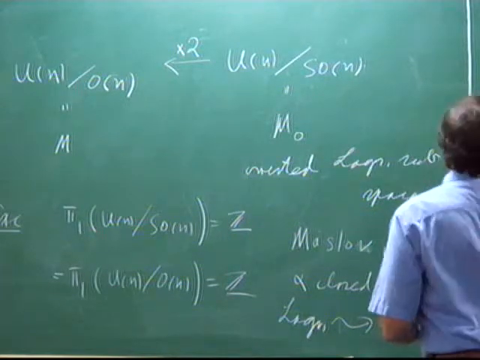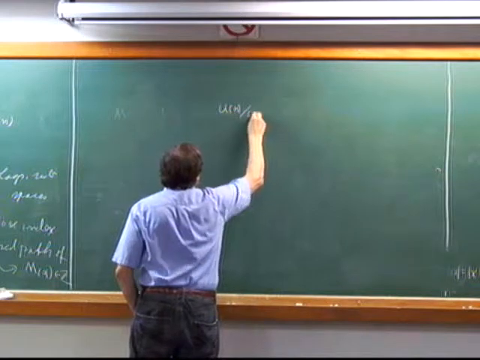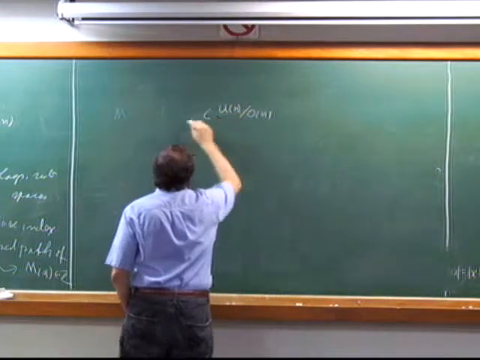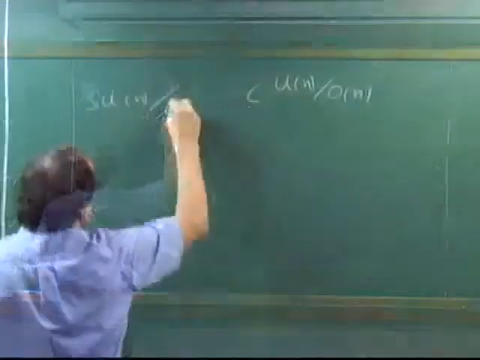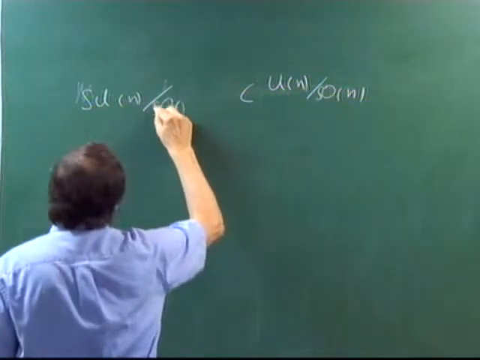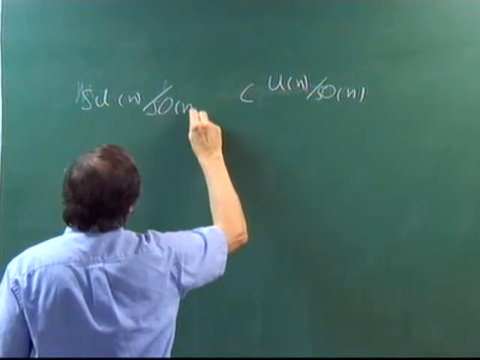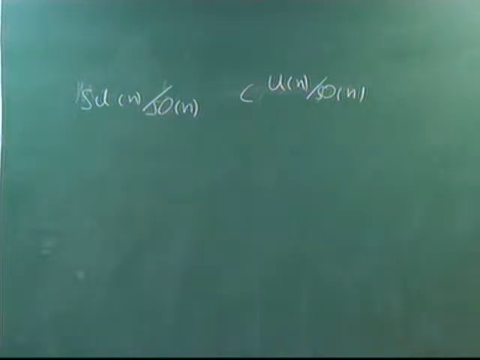Inside Lagrangian subspaces, either version, well, inside UN mod ON, I have also SUN mod SON. So UN has a center, a one-dimensional center.